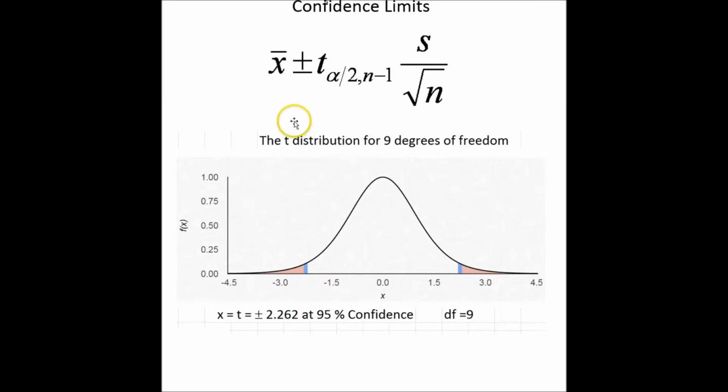The t-value for 95% confidence, alpha being 0.05, is 2.262. If we take that t-value and multiply by the standard deviation over the square root of n, we get the confidence limits, and we can add them to and subtract them from the mean to get the confidence range. Okay, let's go on to look at the data.